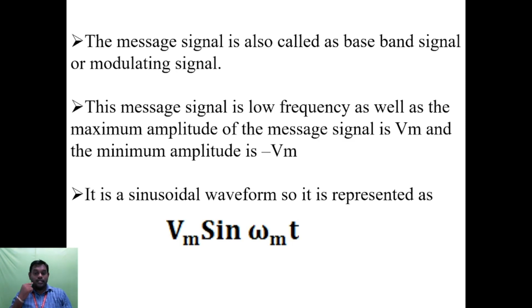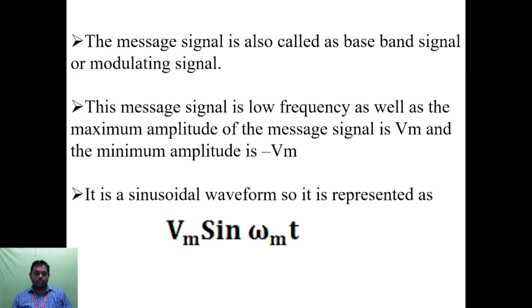The message signal is also called the baseband signal or modulating signal. This message signal is low frequency, and its maximum amplitude is plus Vm and its minimum amplitude is minus Vm. Here Vm is the maximum amplitude of the message signal and minus Vm is the minimum amplitude.